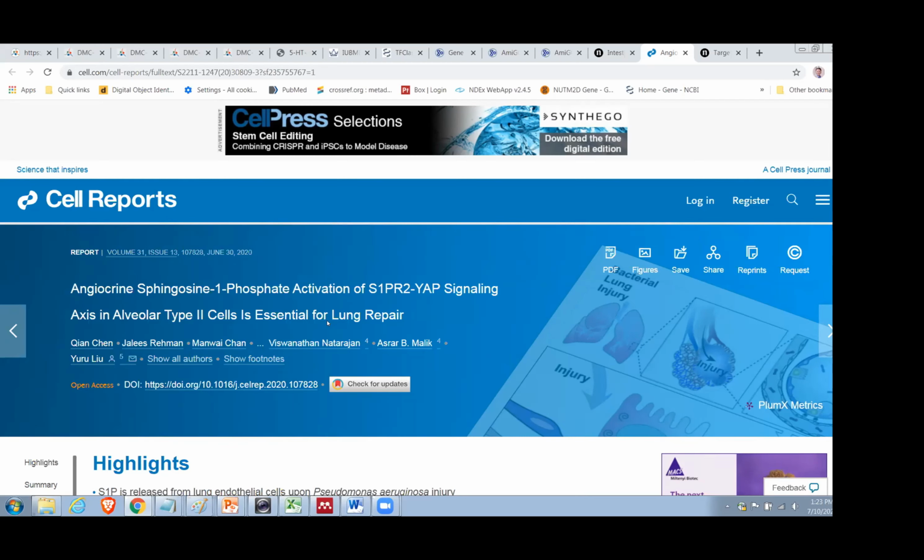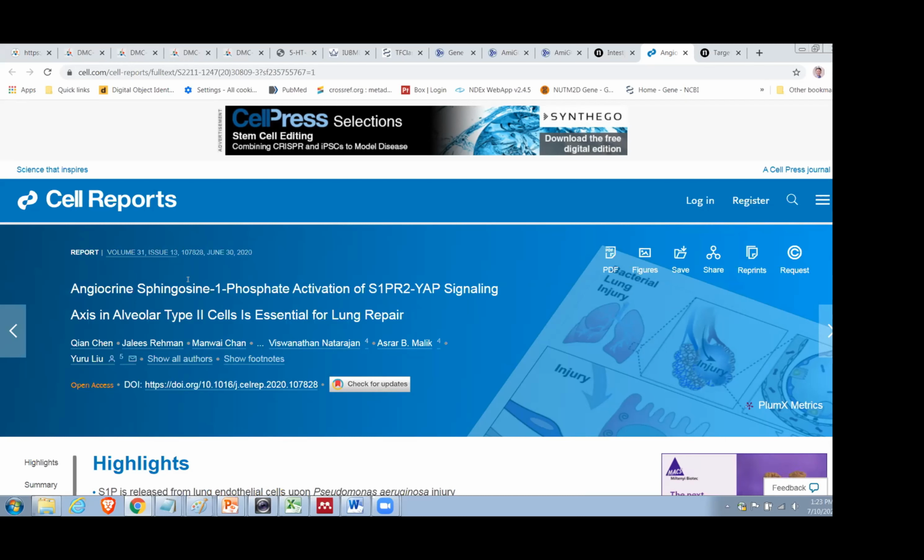Because at the minute everybody's focus is on SARS-CoV-2, this got me thinking, because obviously one of the effects of SARS-CoV-2 infection is damage to the lung epithelium.